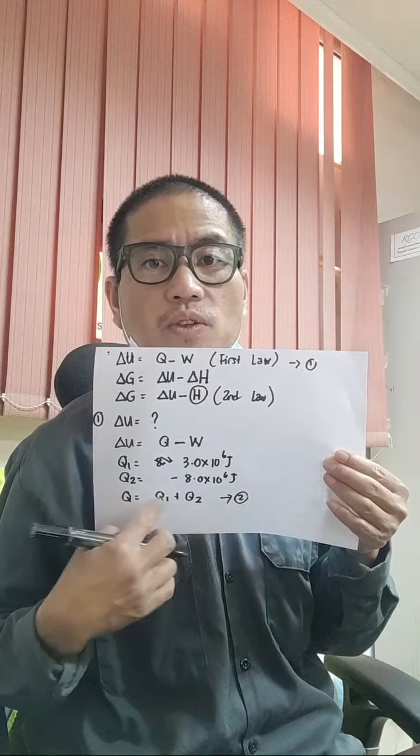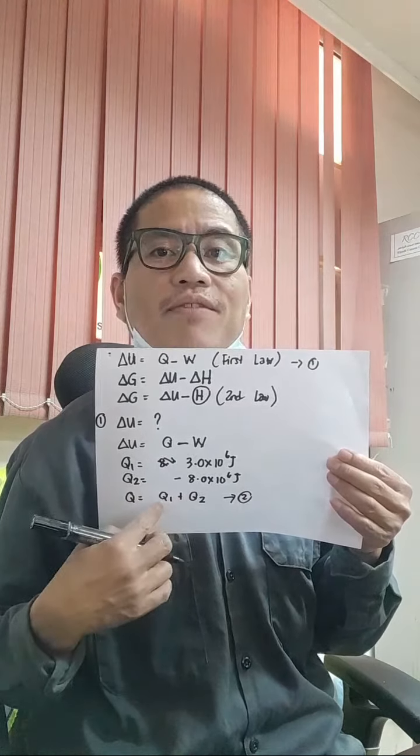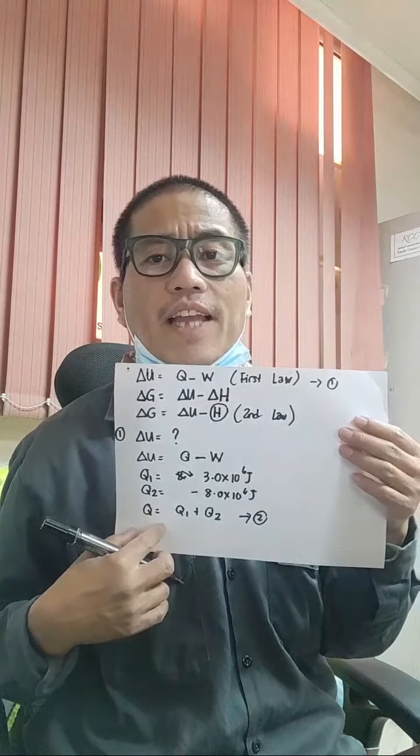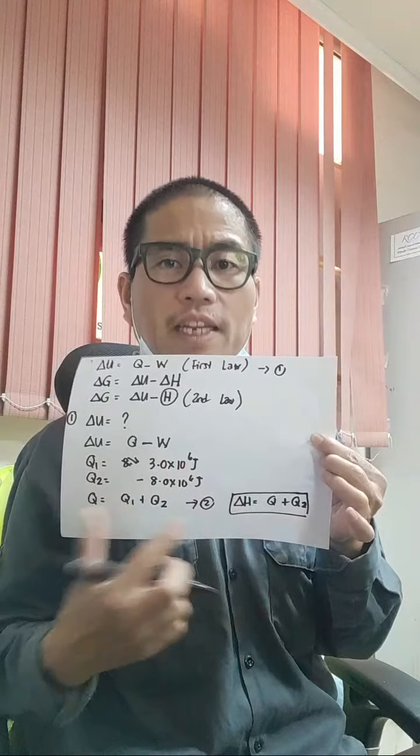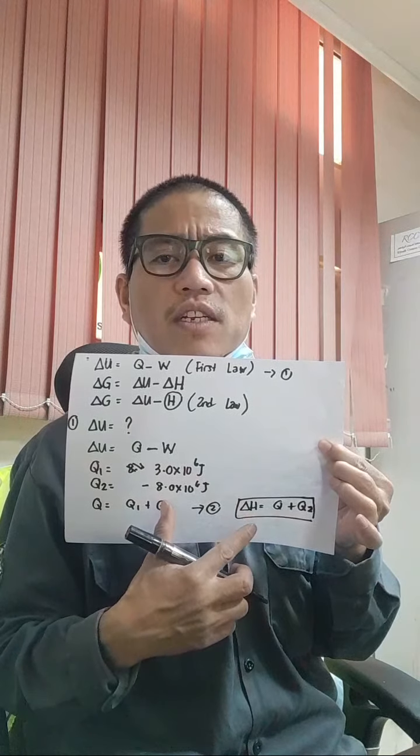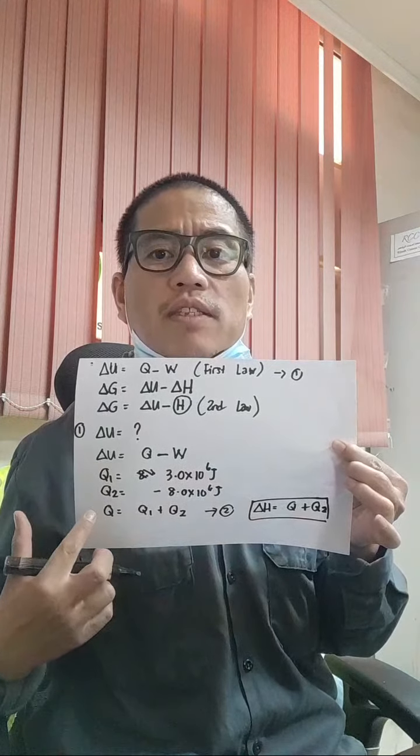Or we can also write the total enthalpy, delta H, equal to Q1 plus Q2, because enthalpy is just the total heat content transfer, the same as this Q here.